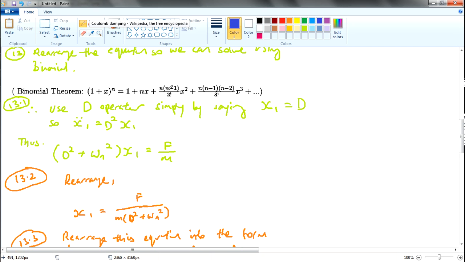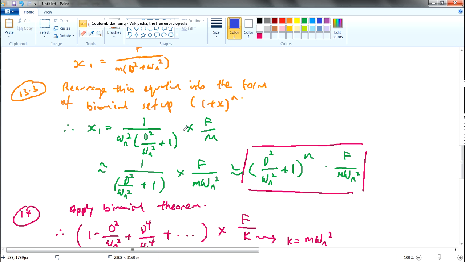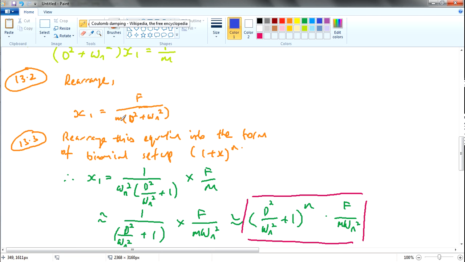We are trying to make this equation in terms of this, so we can do a series of workings. From here to here, we bring the F and the m out, so F over m times 1 over D² plus omega n squared.